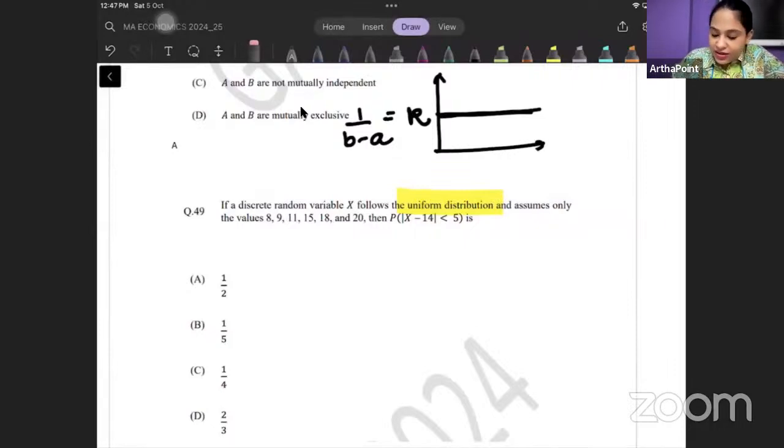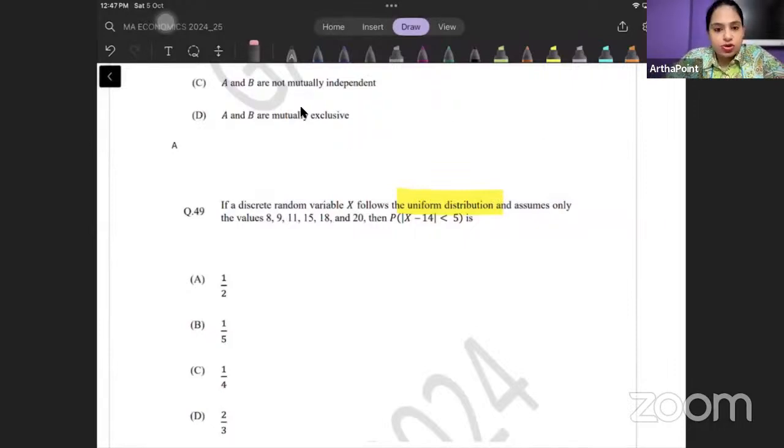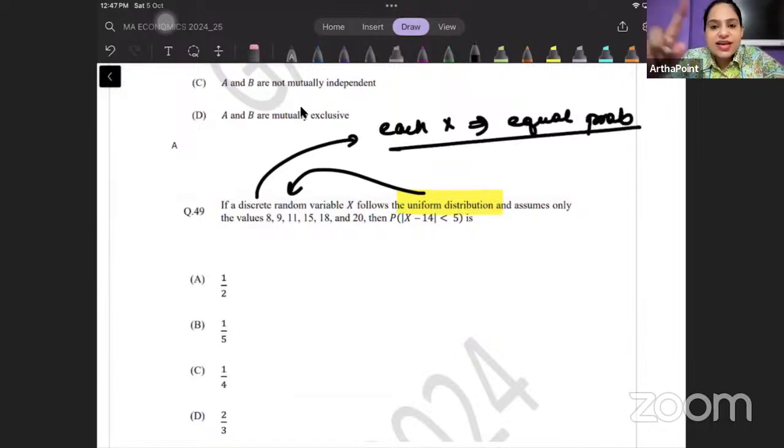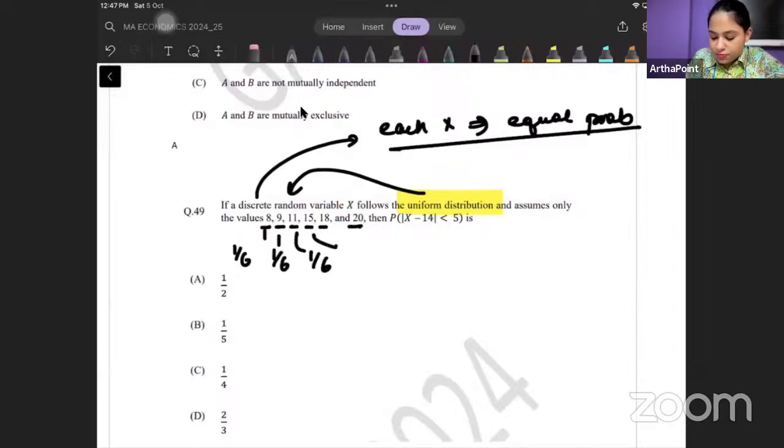So when it is a uniform distribution but it is a discrete variable, इसका simple meaning है that each x will have equal probability. Each x has equal probability. So कितना x is it? This. So each one of them will have the same probability. So there are 6 x's, 1/6 probability to each one of them.